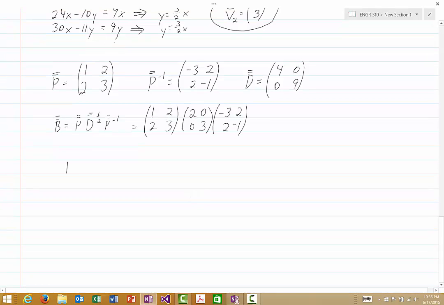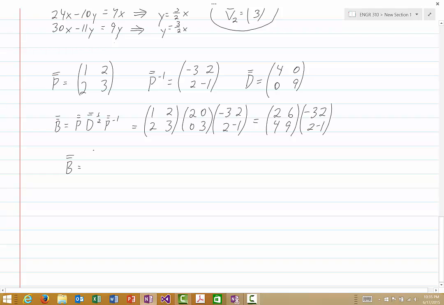And so let's see what we'll get here. When we multiply the first matrix times the second, we will get (2, 6; 4, 9), and then that gets multiplied by the last matrix. We'll just bring it over.